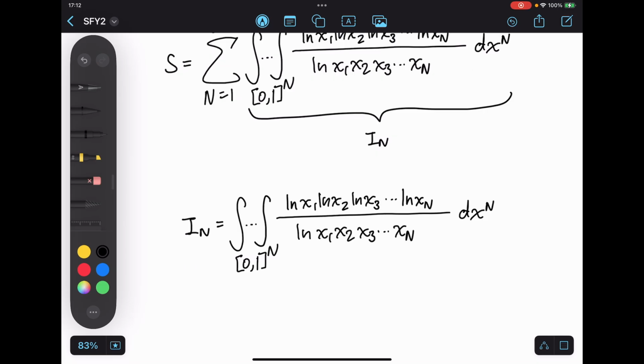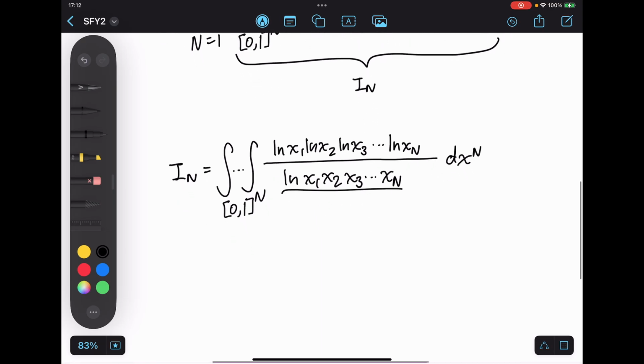We can notice that if we can get rid of the denominator, then it will just be a product of the logs of the individual dummy variables, which means the integral can be separated into a product of integrals. And so this really calls for differentiation under the integral sign.